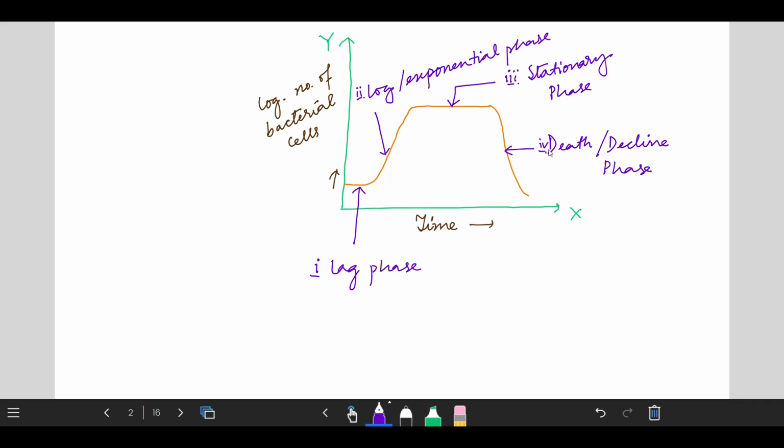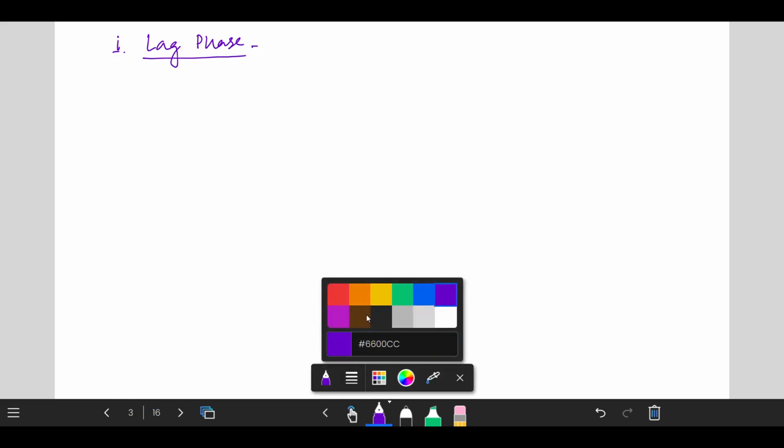Now we will understand each individual phase in detail. Okay, so first I have told the lag phase. We will see what happens in these phases.